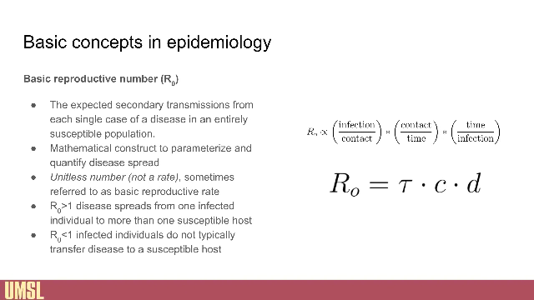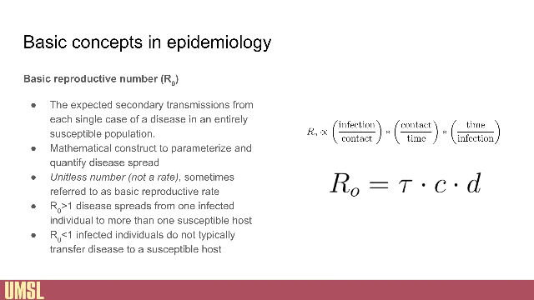So now, here's where some math begins. One of the really important numbers that an epidemiologist cares about is this basic reproductive number, or R0. And what is this thing? In very straightforward language, it's the expected secondary transmissions from each single case of disease in an entirely susceptible population.